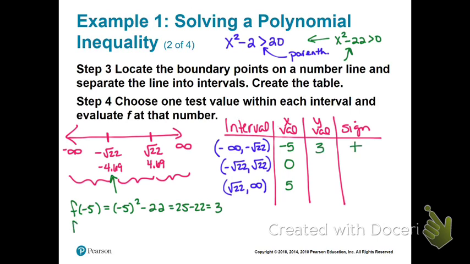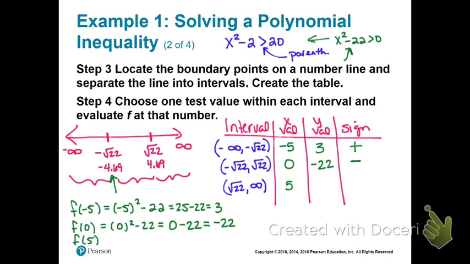Okay, let's plug in 0. So we had 0 squared, which is 0, minus 22, which is negative 22, which is negative. All right, so let's plug in the positive 5.